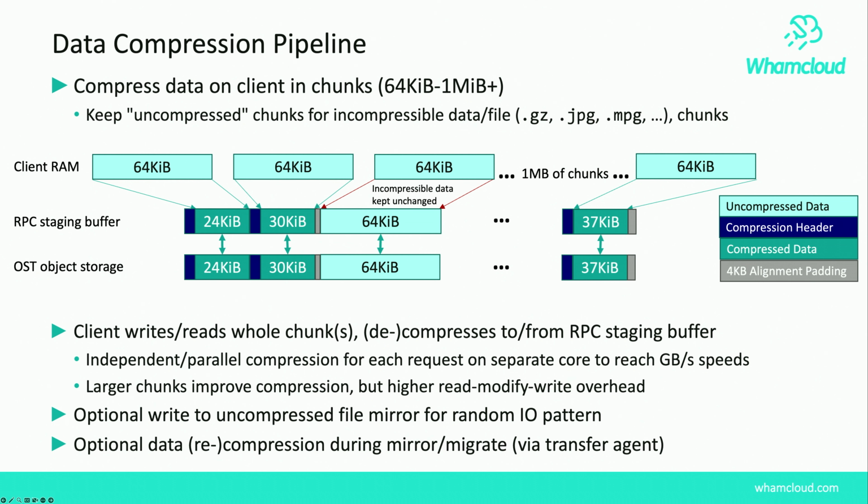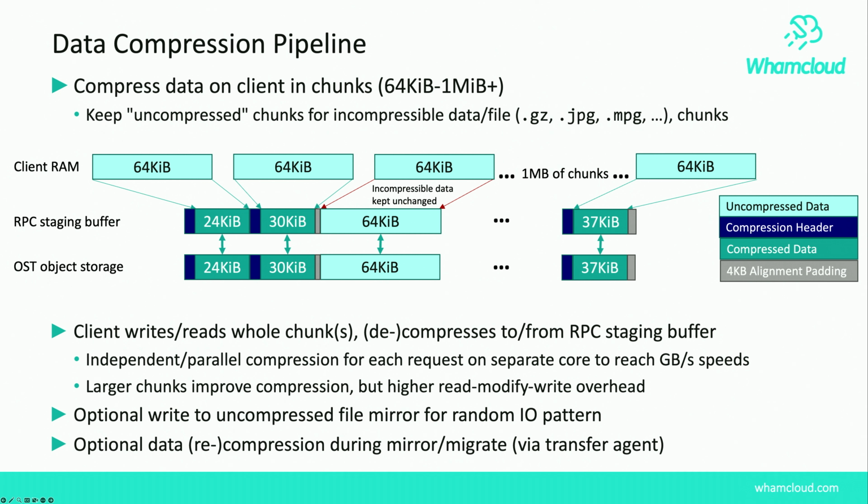Client reads and writes whole chunks, decompresses to and from the RPC staging buffer. And this can be done independently, single client, or in parallel across multiple clients, multiple cores to achieve maximum performance. So in this sense, this provides us with the scaling ability that we're looking for with our clients, and allows us to leverage the potential excess CPU cycles that may be out there in your compute.